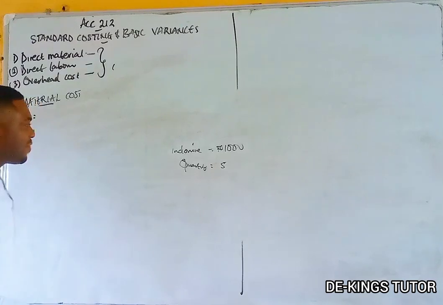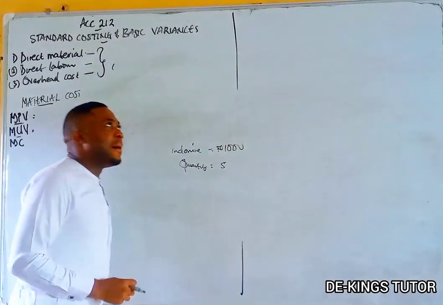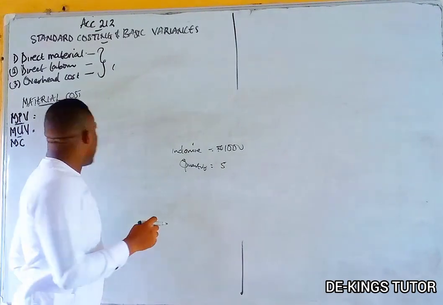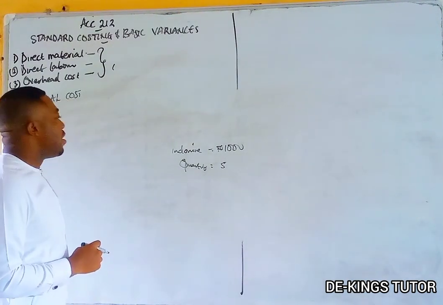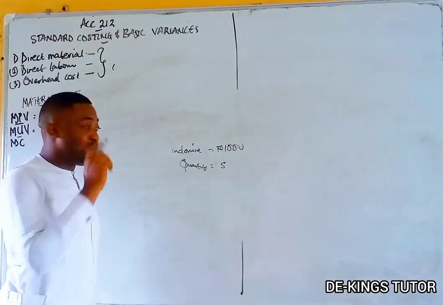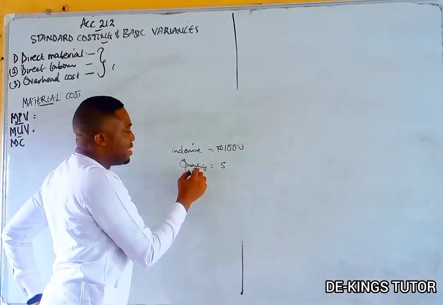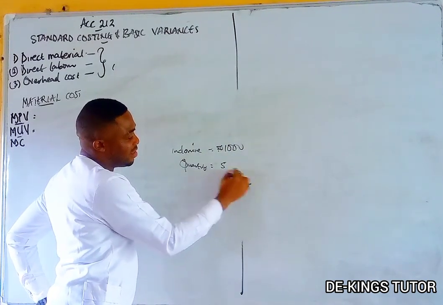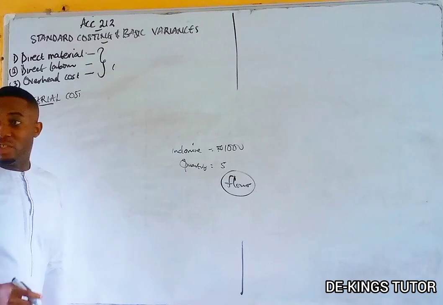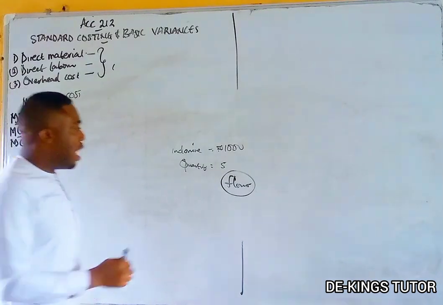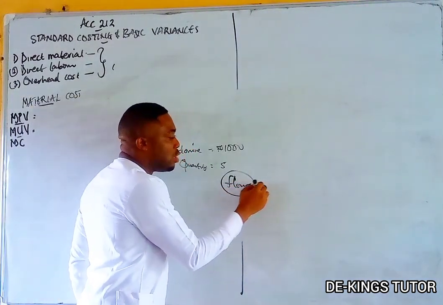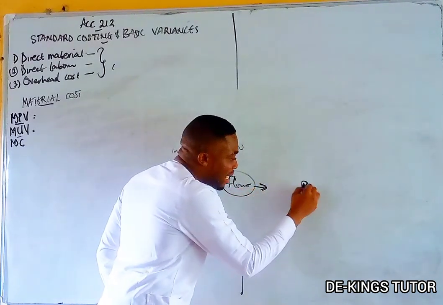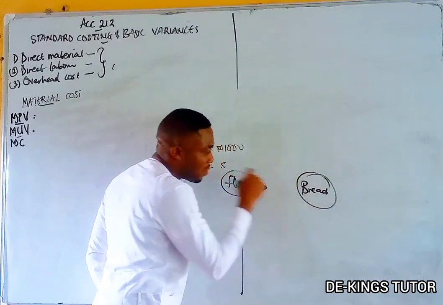For instance, let's say a firm that makes bread. Now, if they buy flour, right? Flour is one of the ingredients. Now, they will have to determine the usage, how they are using this flour to make bread, which is the end product.